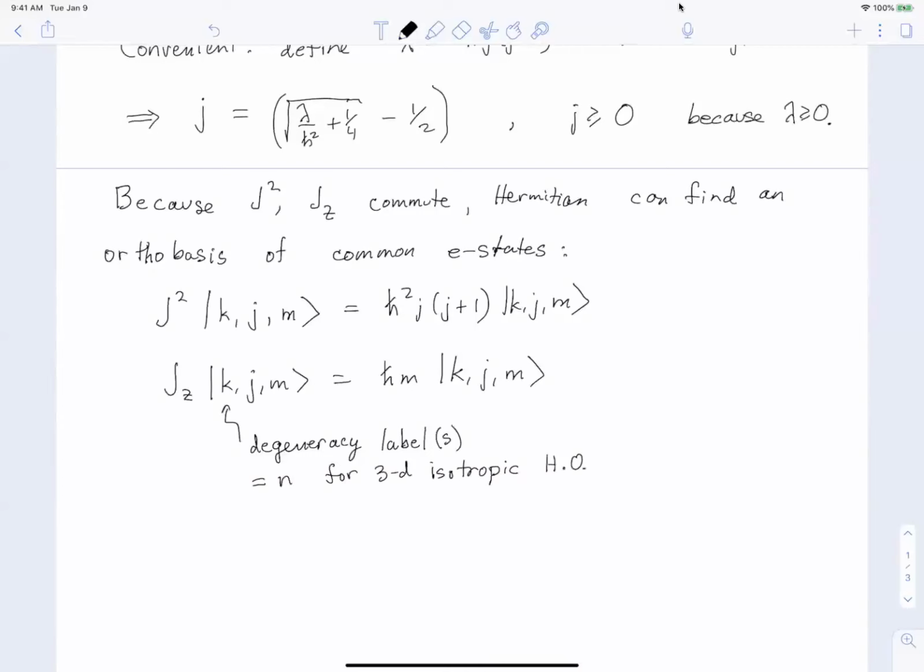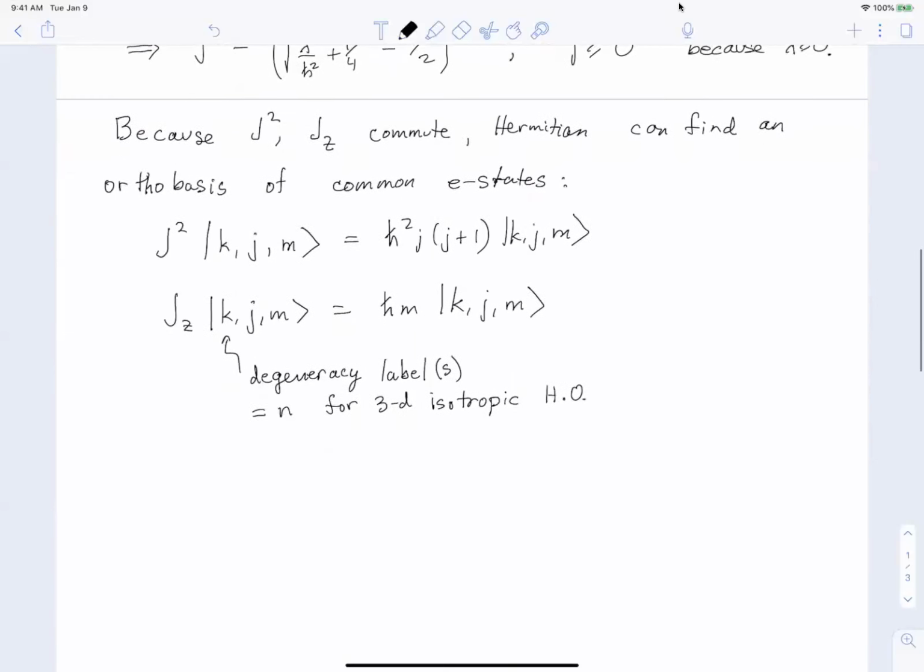So from the point of view of angular momentum, that's a degeneracy label. n is a degeneracy label. From the point of view of the energy, then j and m are the degeneracy labels. They're the things that distinguish different states that have the same energy as opposed to different energy states that have the same angular momentum.